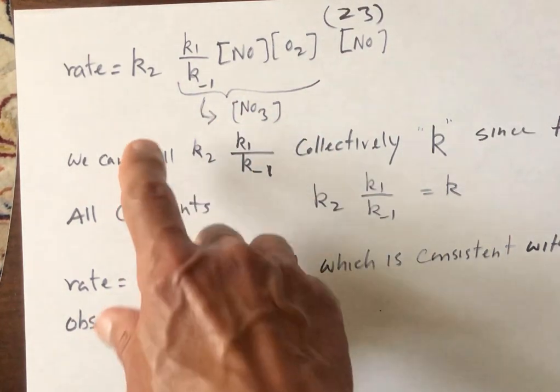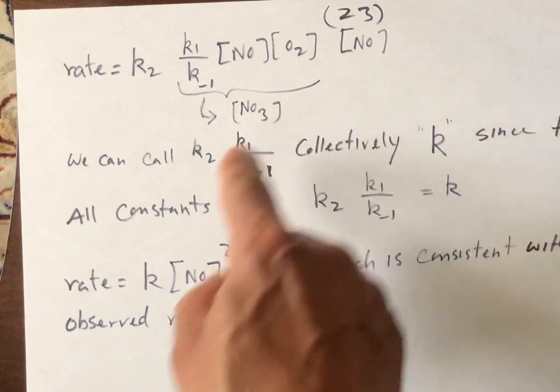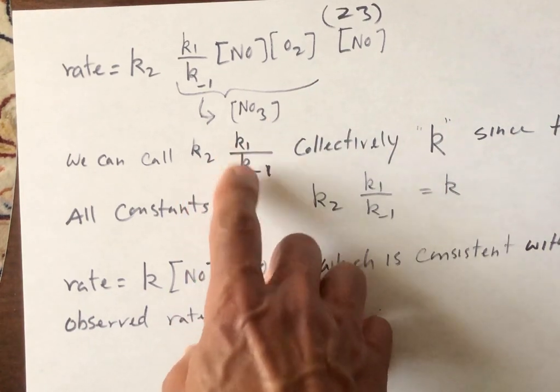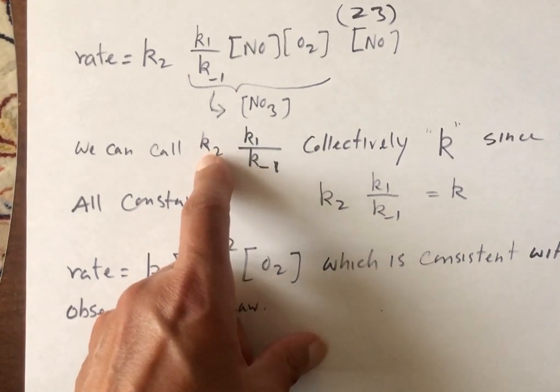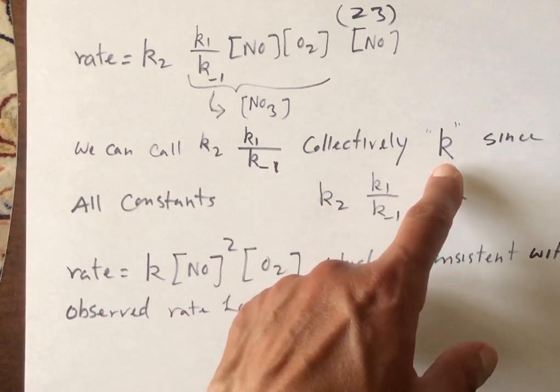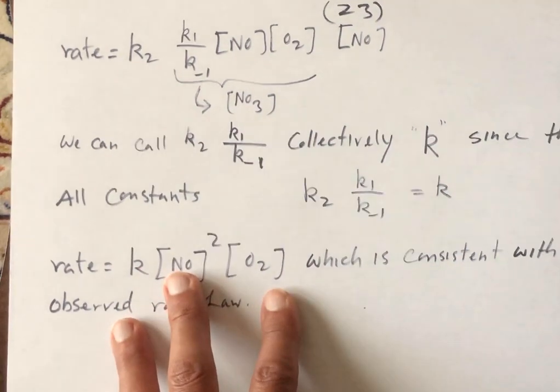So now if you multiply K2 by that, you see that becomes K2 K1 over K minus 1. And we're going to collectively call all these rate constants K, because after all, they are just constants. The ratio of two constants times another constant is going to give you a separate constant. It doesn't matter.